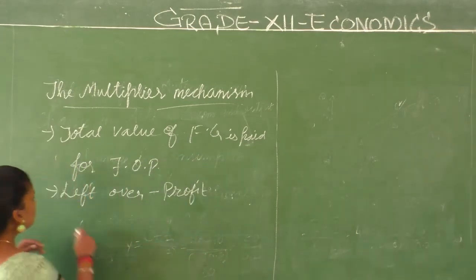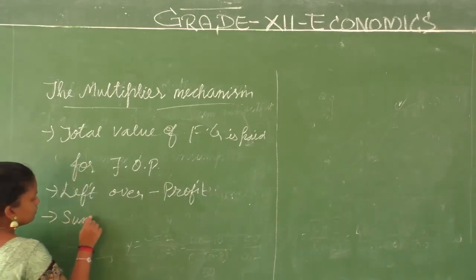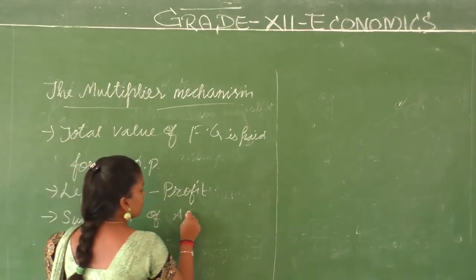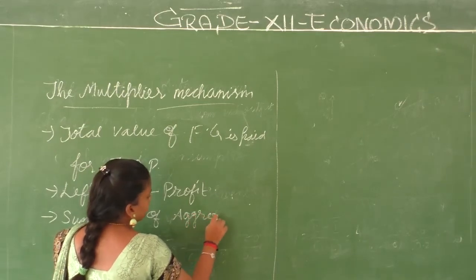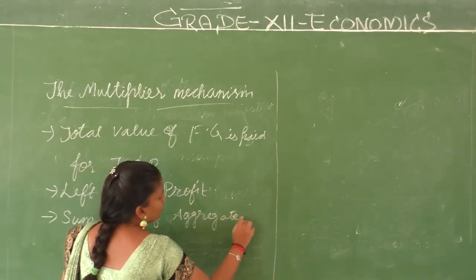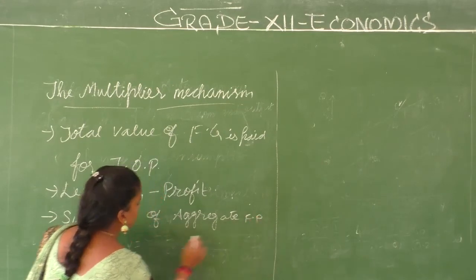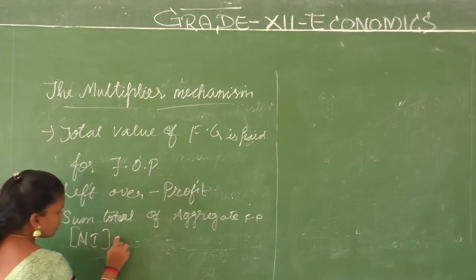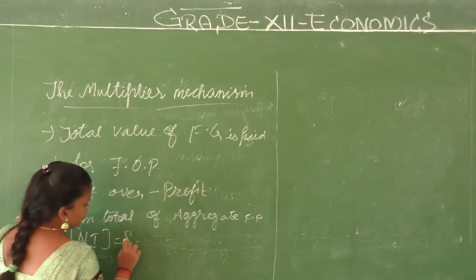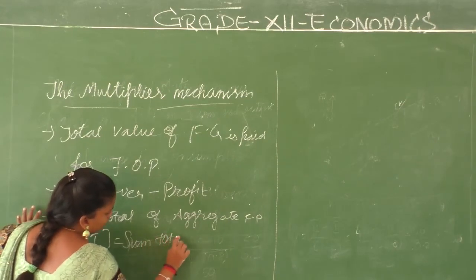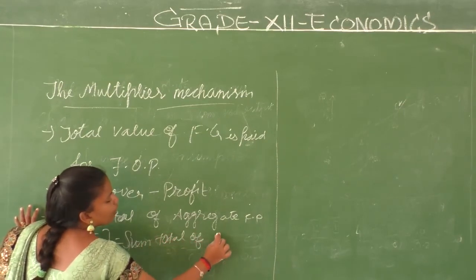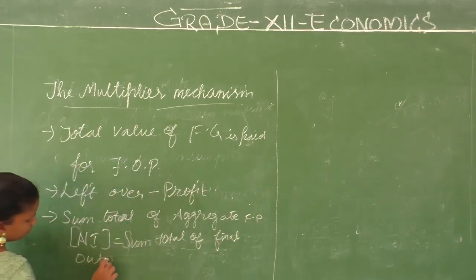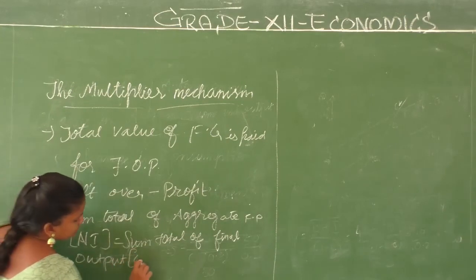That is, the sum total of aggregate factor payments, which is called national income, should be equal to the sum total of final output, which is termed GDP.